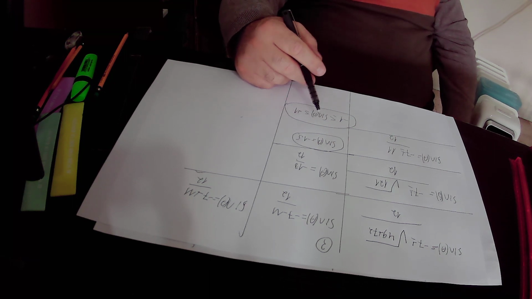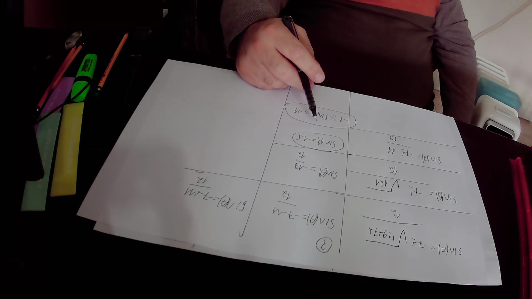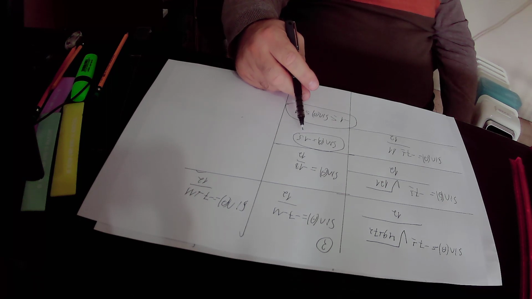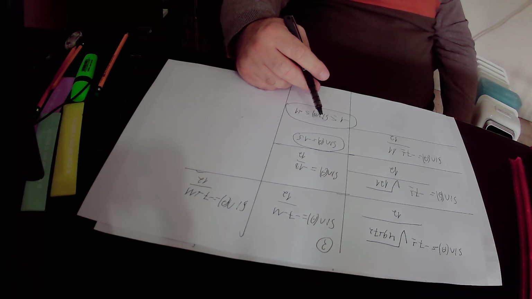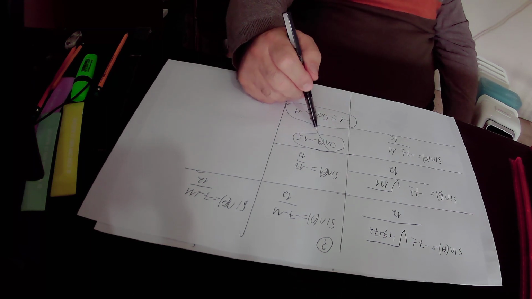The minimum value that sine theta can take is minus 1, and minus 1.5 is less than minus 1. Therefore, it is an incorrect answer. We cancel this answer.